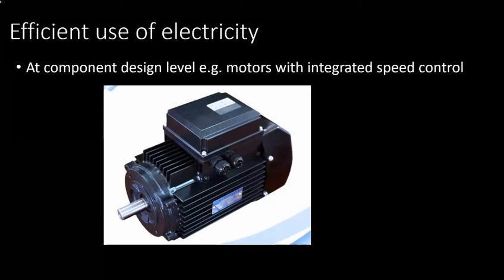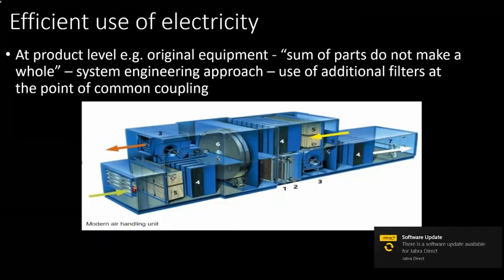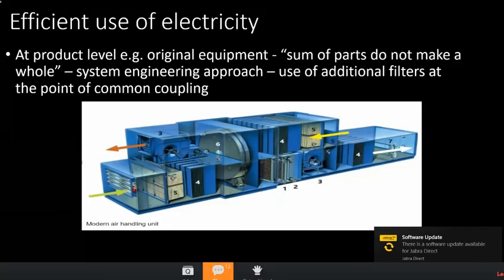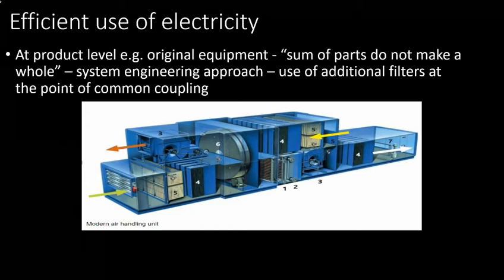But in terms of efficient use of electricity, we need to look at how electricity is being used at a component design level, and how it is used at a product level. When I say product level, I mean this is an air handling unit. An air handling unit basically manages air conditioning of large buildings, theaters, hospitals. So this is a big product on its own.